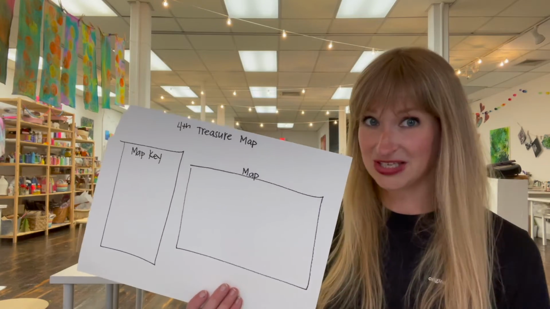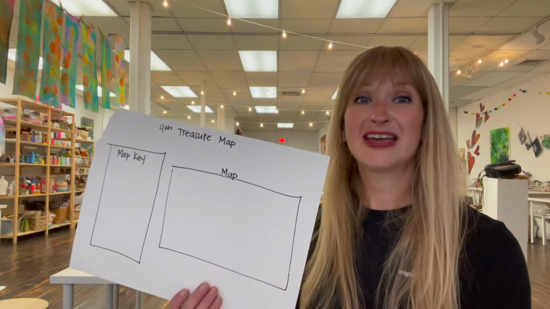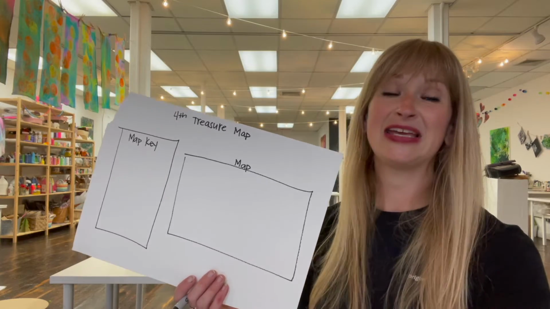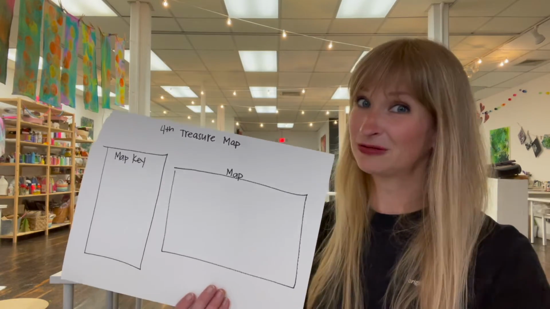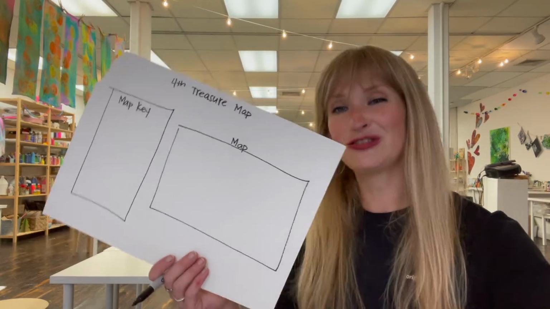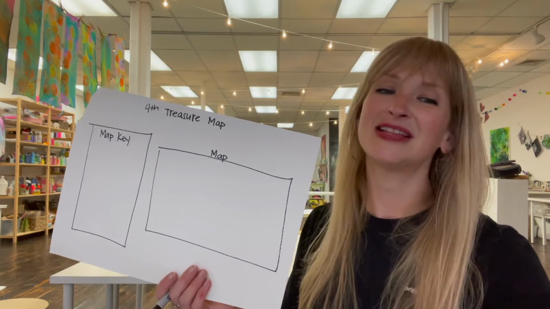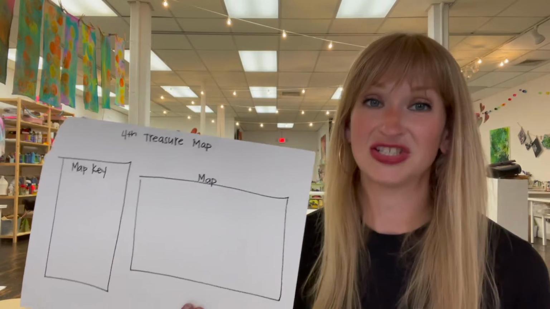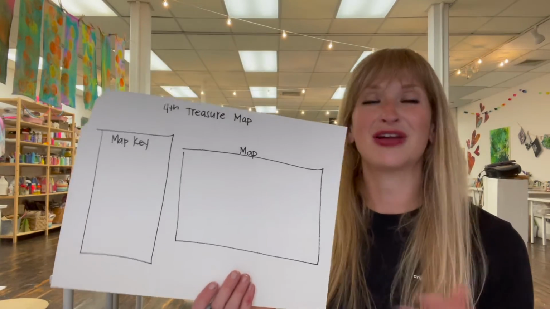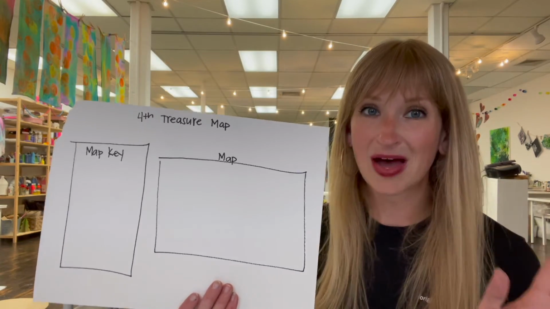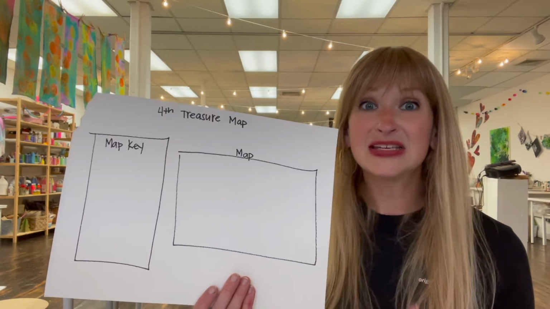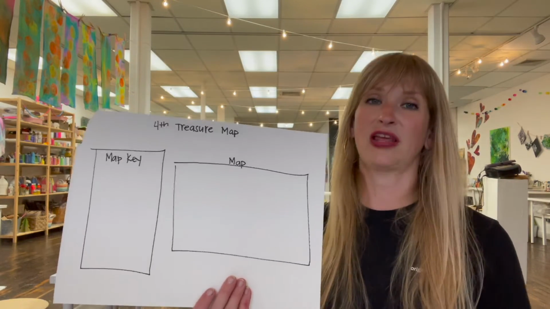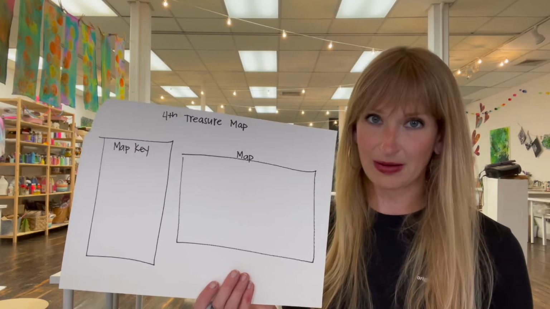Things like mountains, geysers, valleys, plateaus, mesas, lakes, rivers, deltas, tributaries, gulfs, peninsulas, islands, or beaches. I'm telling you, there are so many possibilities. You have to include at least 4 to 5 different landforms in your treasure map.